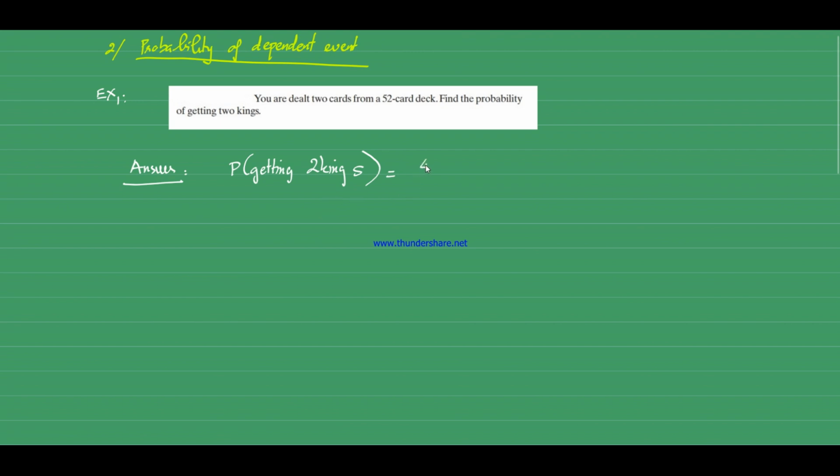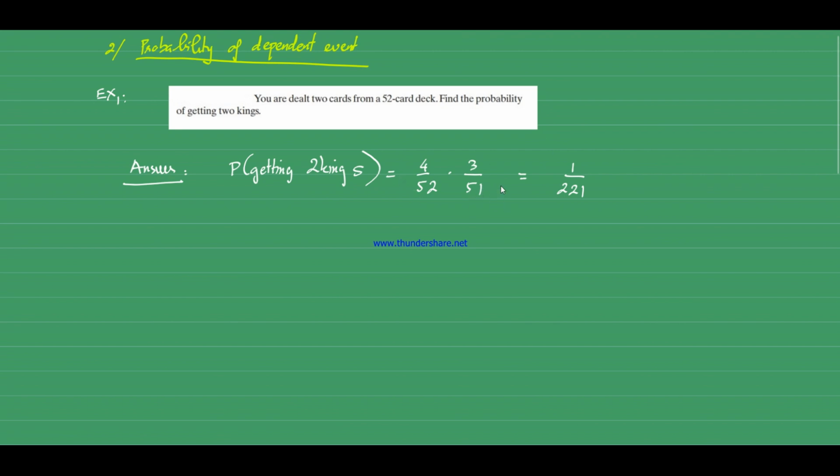We have 4 kings out of 52. Then the second king, we have 3 out of 51. Then the answer will be 1 over 221.